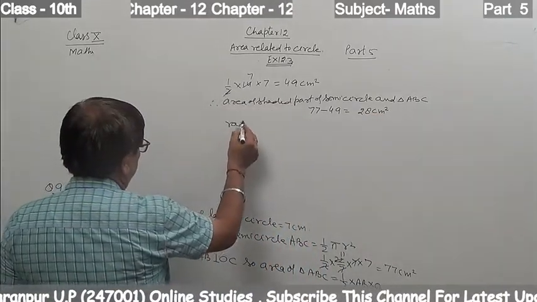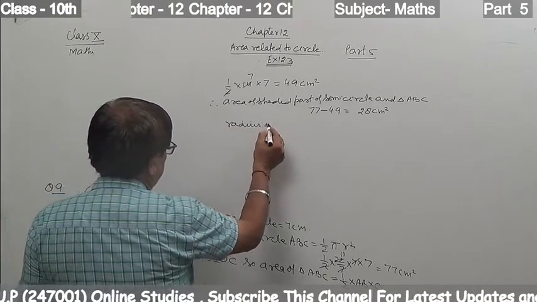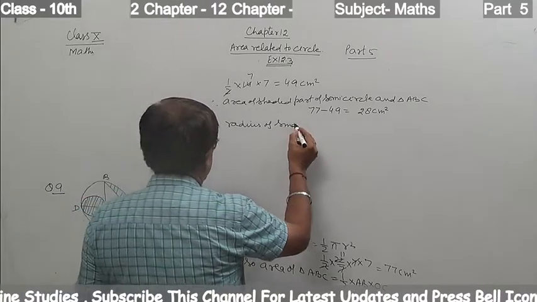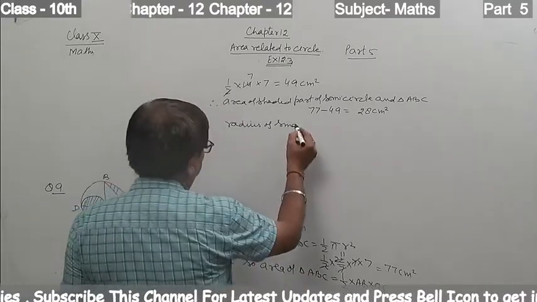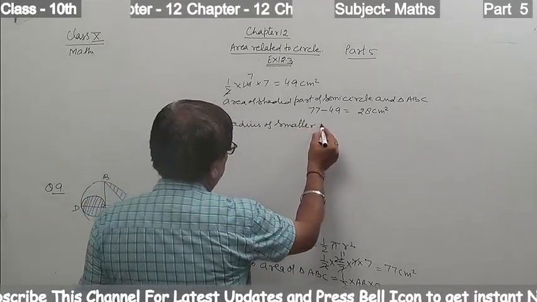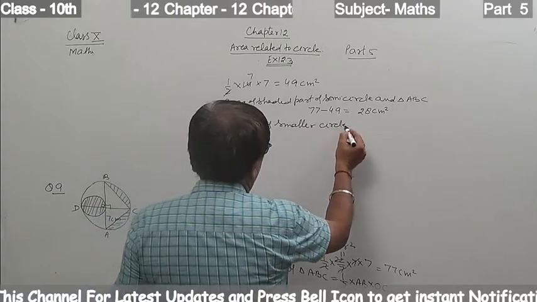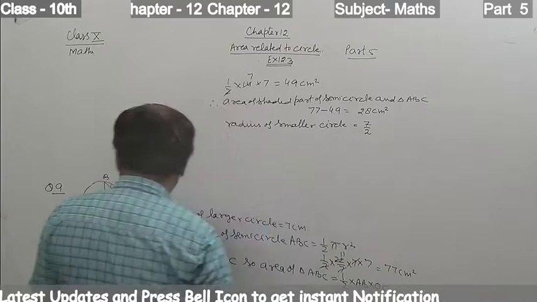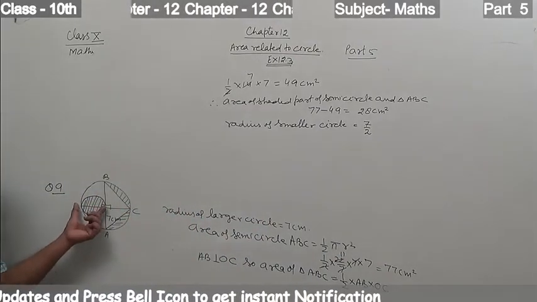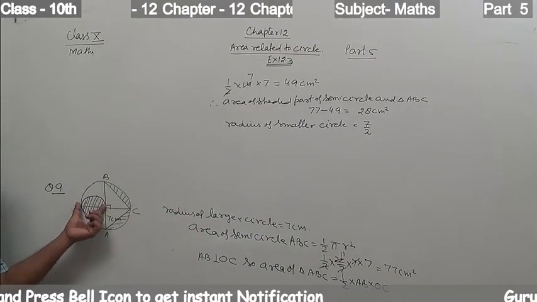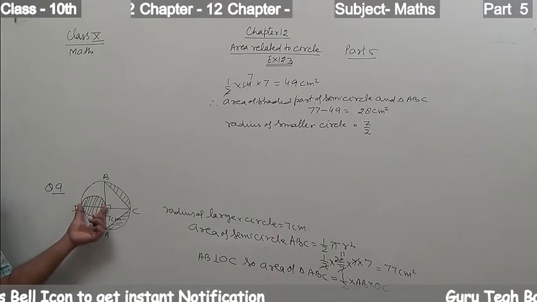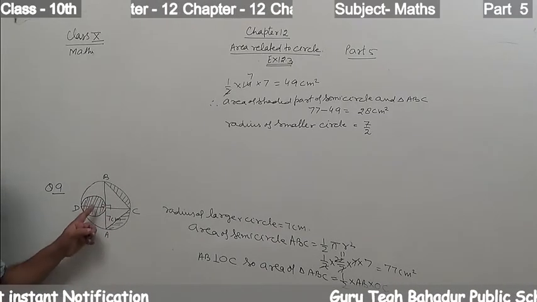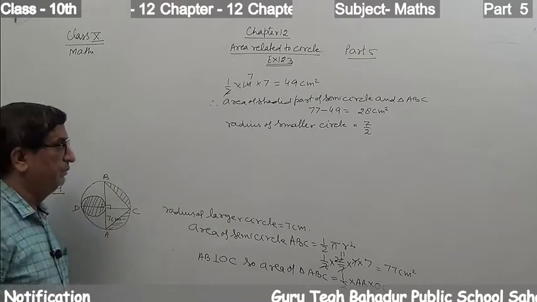Radius of smaller circle is 7 upon 2 because this OD is 7. So this is the diameter of smaller circle OD, so radius will be 7 upon 2.